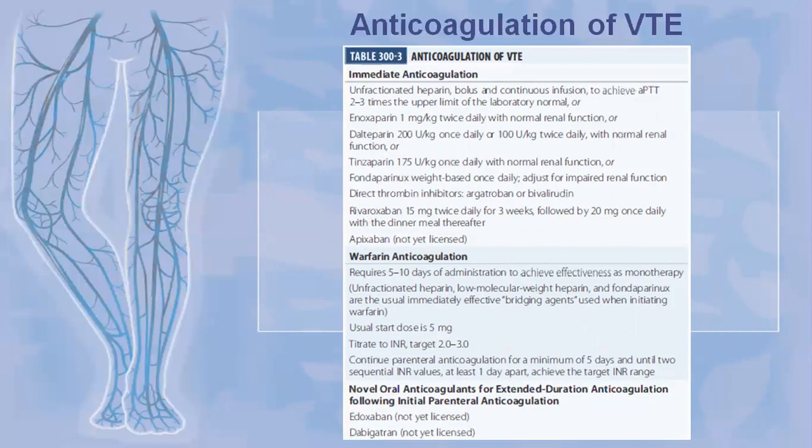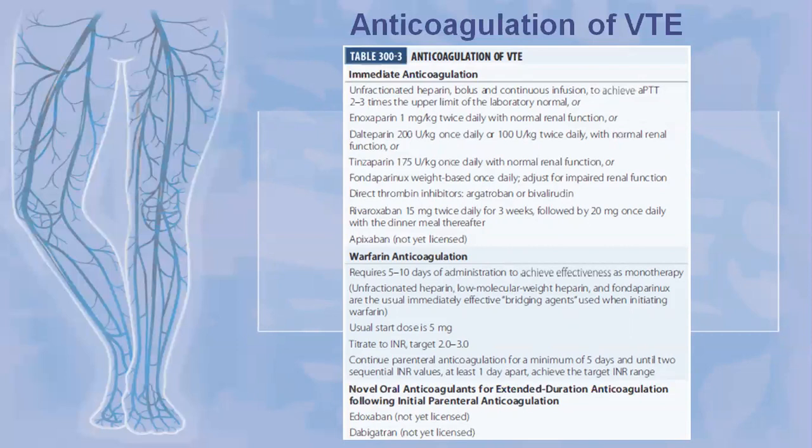Whenever you want to bridge with oral warfarin anticoagulation, it requires 5 to 10 days of administration to achieve effectiveness as monotherapy. The usual start dose is 5 milligrams with a target INR of between 2 to 3.